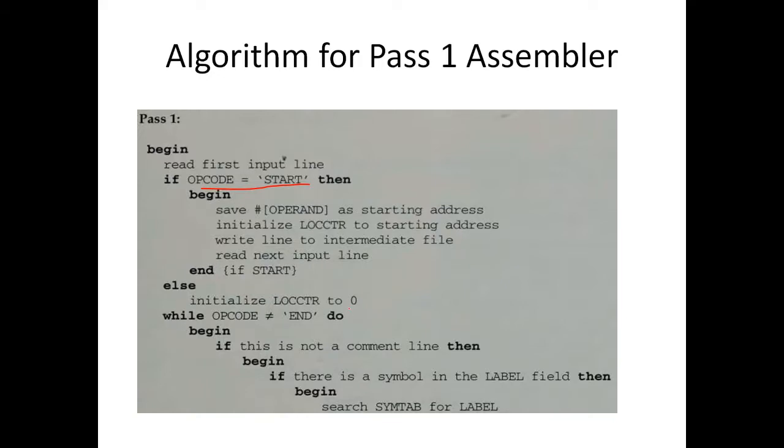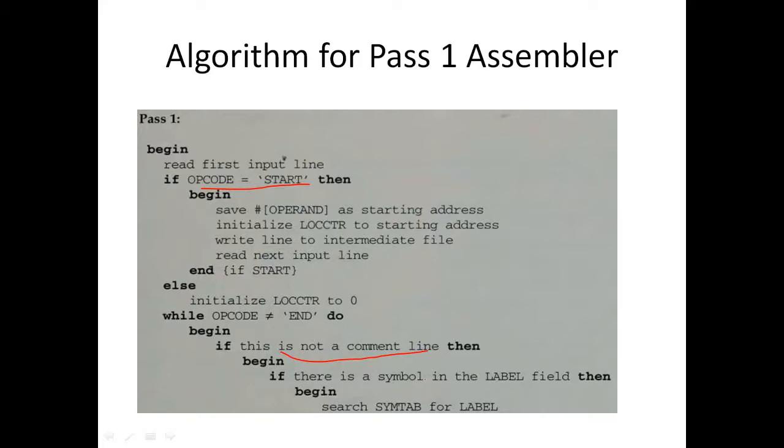Next, if opcode is not equal to END, read the next symbols. If this is not a comment line, we can move on. A comment line usually starts with a dot in assembly programs; whenever you see a dot, it means it's a comment line.